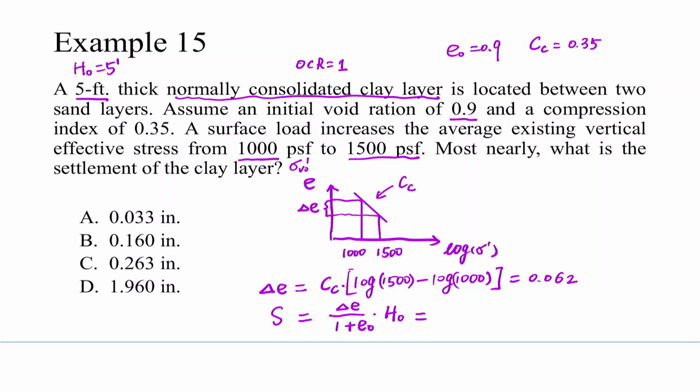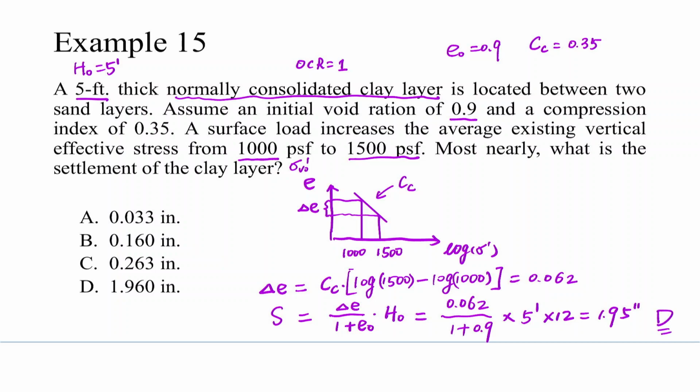So we have 0.062 over 1 plus 0.9 times 5 feet. The answers are in inches, so this number is probably expected to be pretty small. So you can times 12 to convert everything to inches. If you do that, then we're talking about 1.95 inches. So the right answer is D.